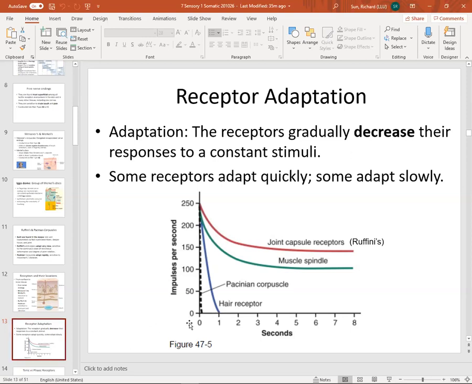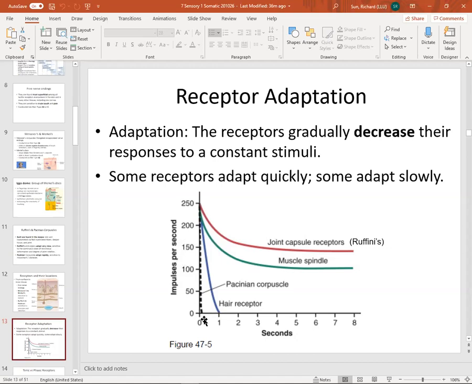So here showing you that different receptors can have different adaptation. For example, if we have a constant stimulus over time, 1 second, 2 seconds, for the Pacinian, in less than say 0.1 second, the impulses per second drop to 0.